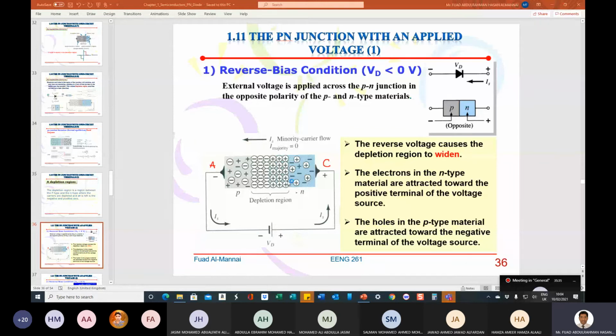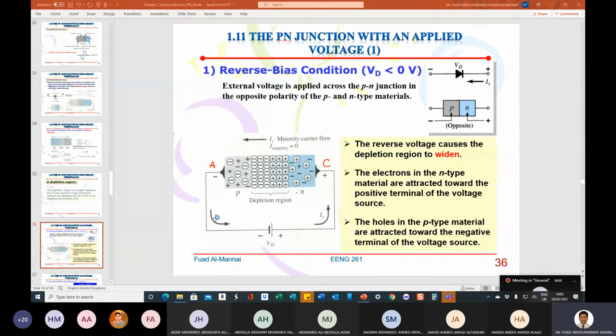Now if we look carefully, you will see that there is a current here. And why is this current here? It is because of the minority carriers. What are the minority carriers in the N-type? It's holes. What are the minority carriers in the P-type? Electrons.